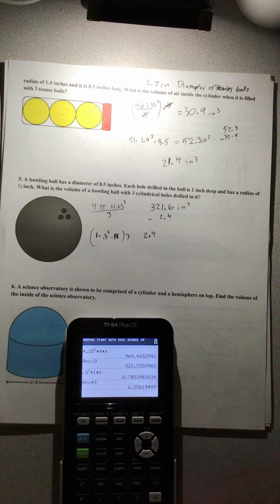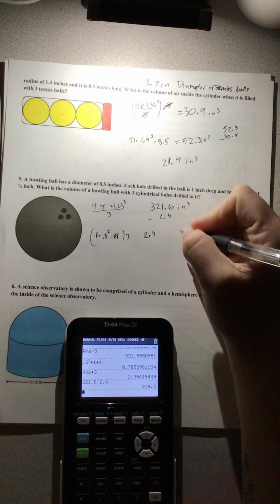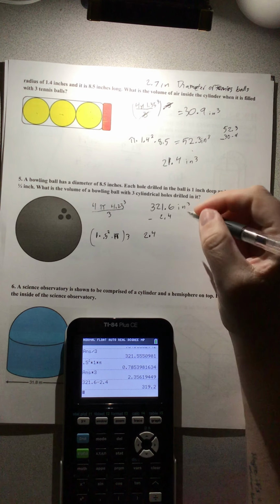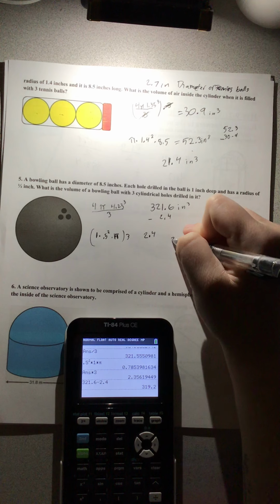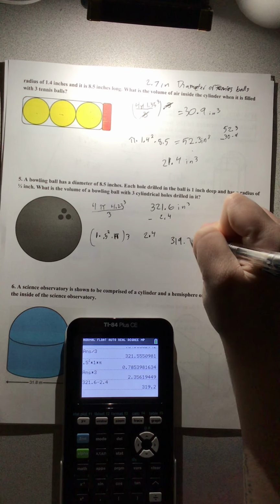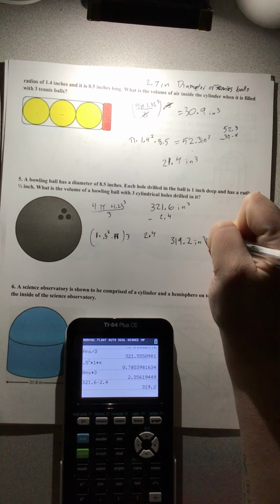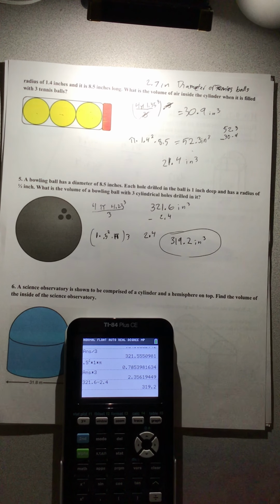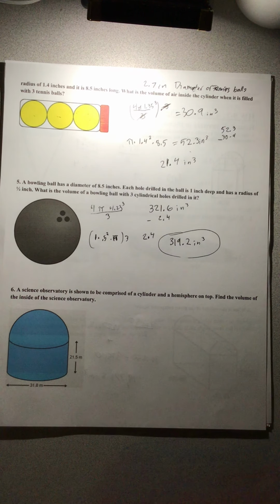So 321.6 minus 2.4. So the volume of the bowling ball with 3 cylindrical holes cut out is 319.2 inches cubed. Wow, right?